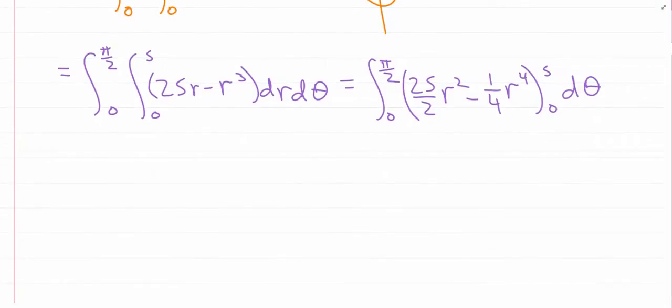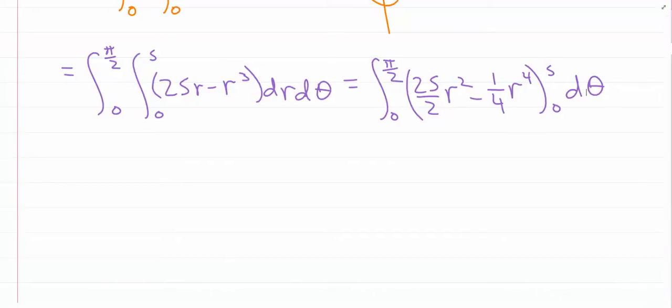Okay? Now, I've just got to put in the 5, and I don't even need to put in the 0. Now here, notice what we have. We've got 0 to pi over 2, and this is going to give us 25 halves times 25 right there. And now 1/4, what's 5 to the 4th? 625.